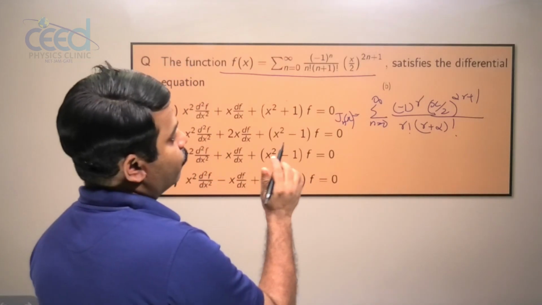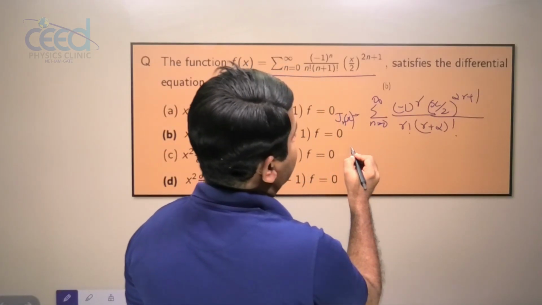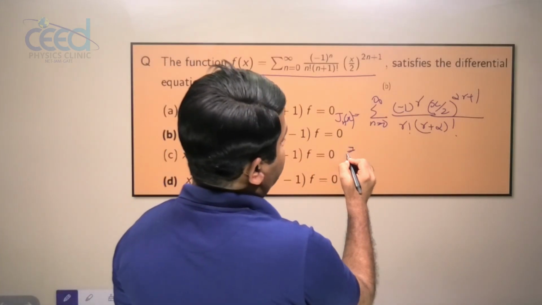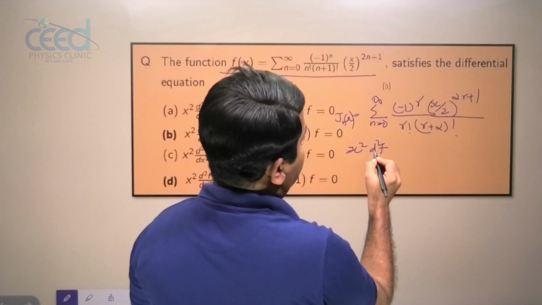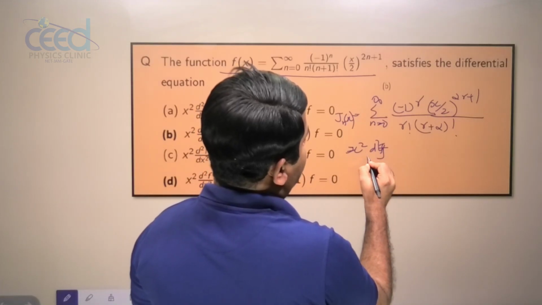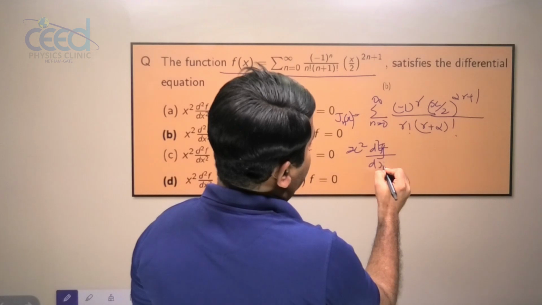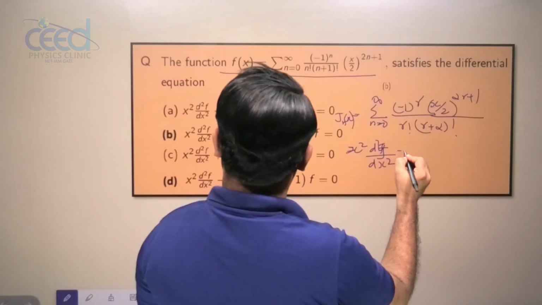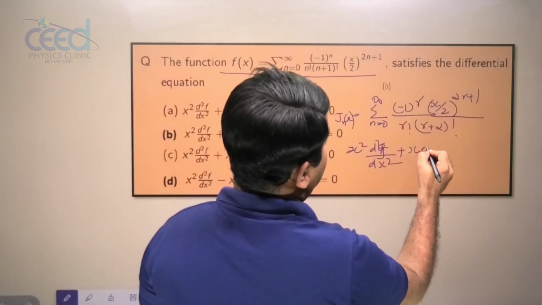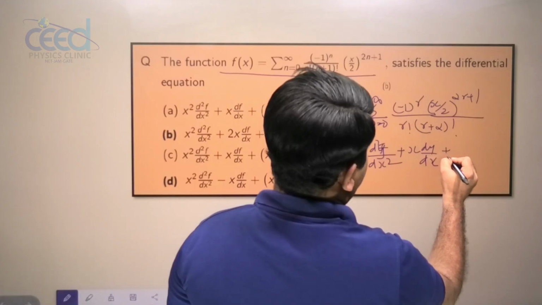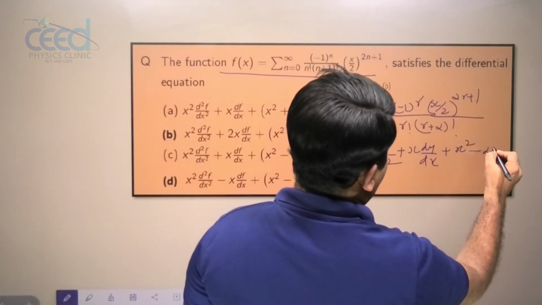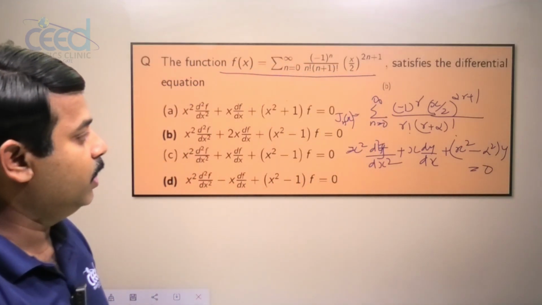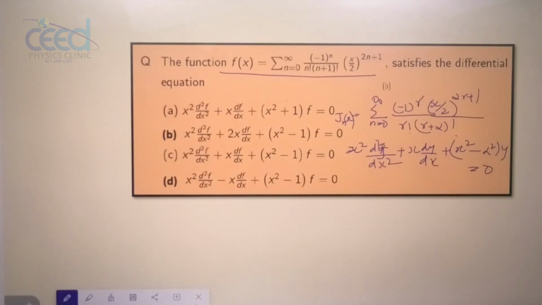This is the solution of the differential equation x square d square y by dx square plus x dy by dx plus x square minus alpha square into y equal to 0. This only we have studied.